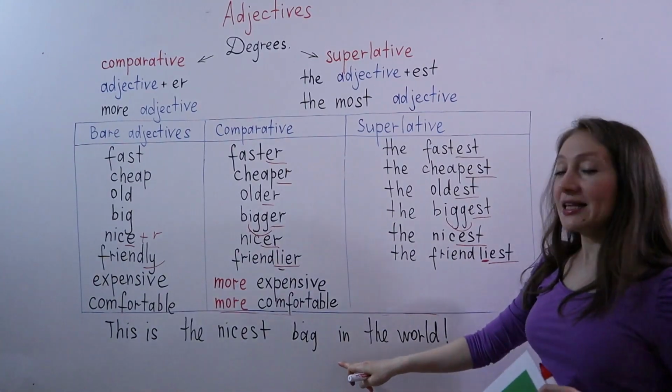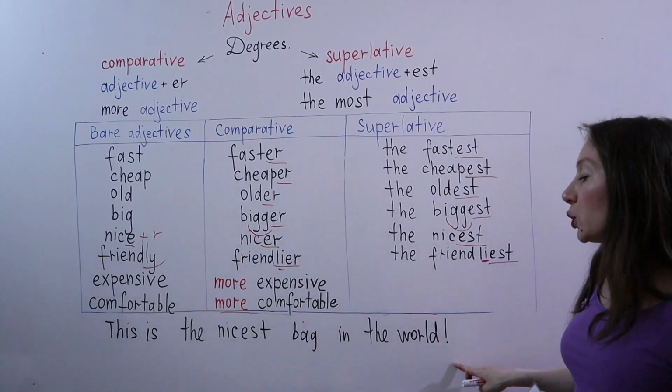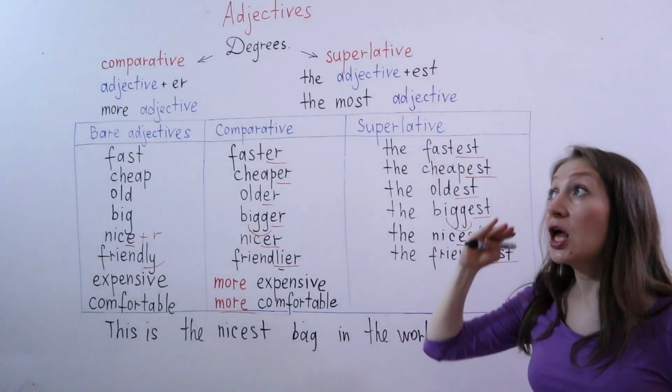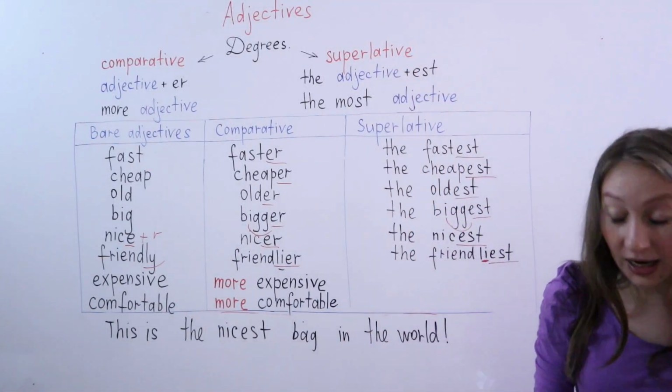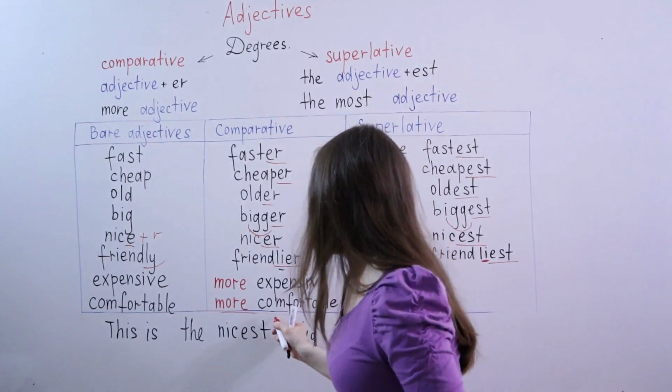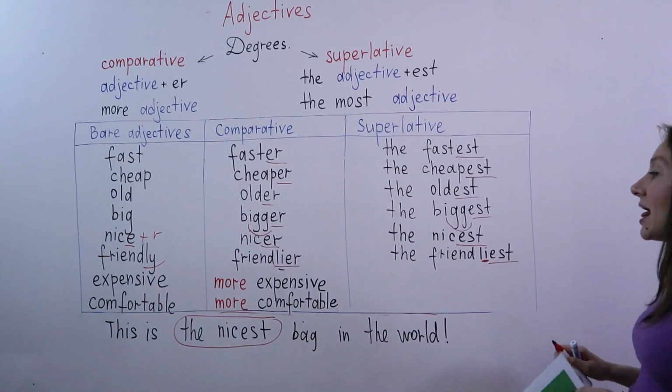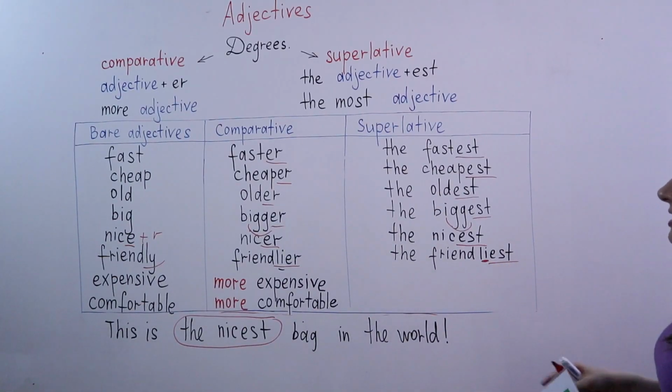So your category here is in the world, in the whole world. It's number 1. It's the nicest bag, right? So we have our adjective here. All right, and then the friendliest.